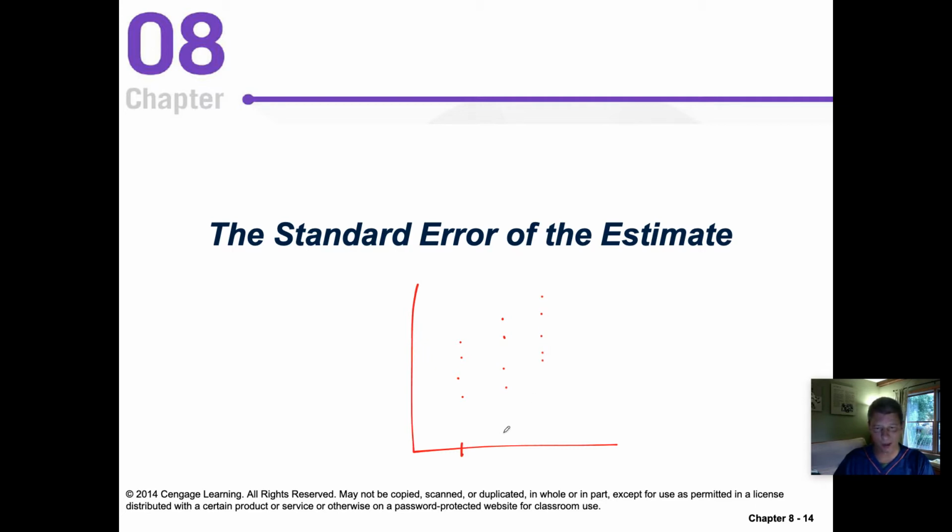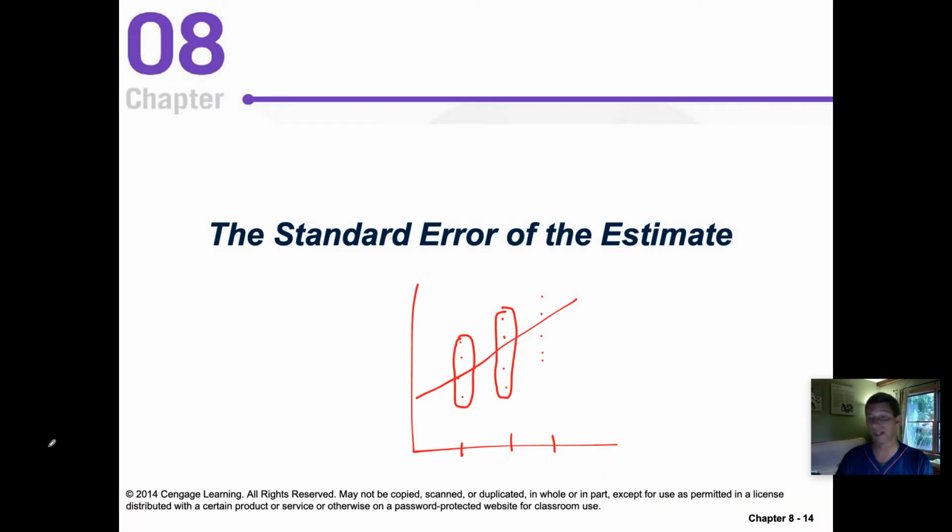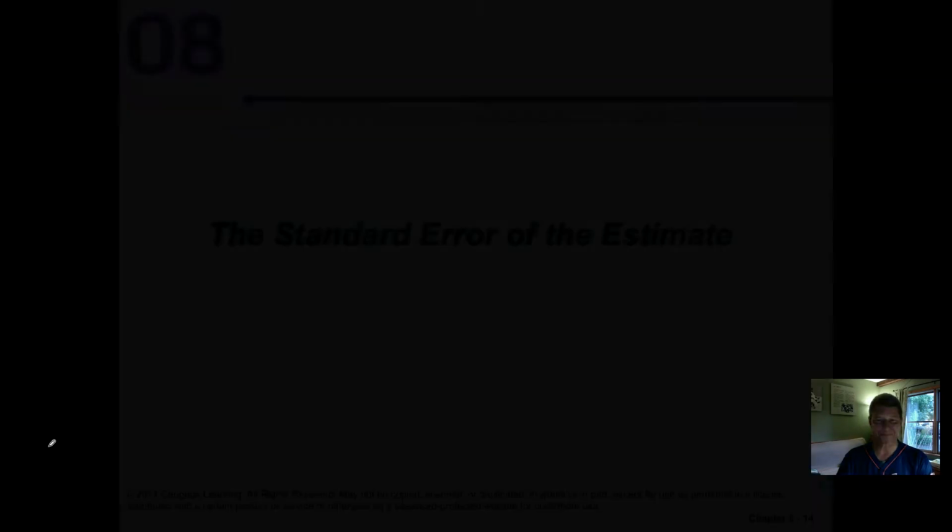You've got an x here, an x here, an x here, and there are bunches of values of y. That gives you, when you calculate the linear regression, something that looks like this. There's a range of values here and here, and so on. This is what we're trying to estimate when we talk about the standard error of the estimate.